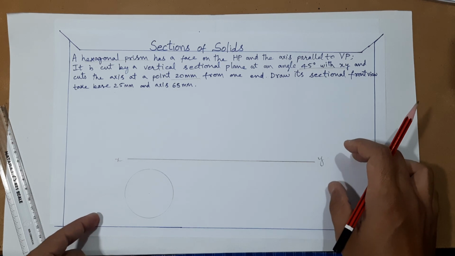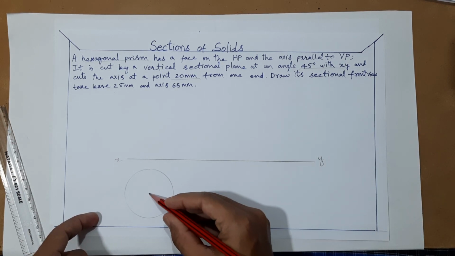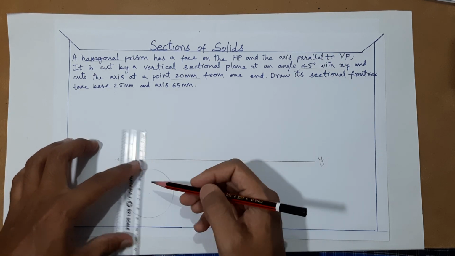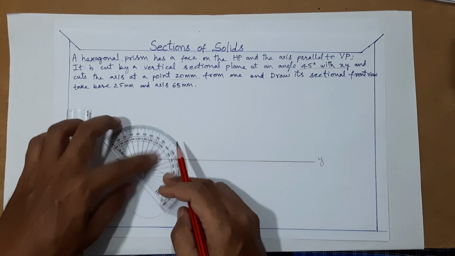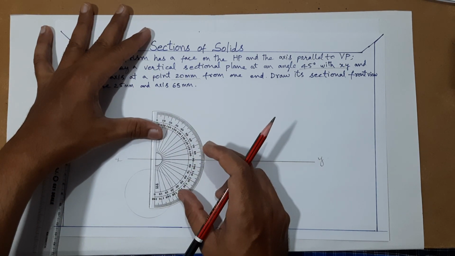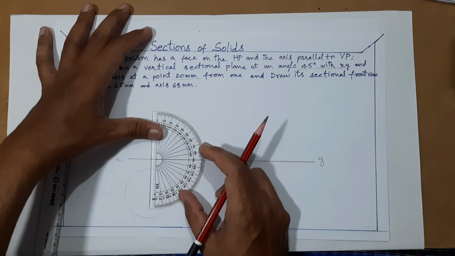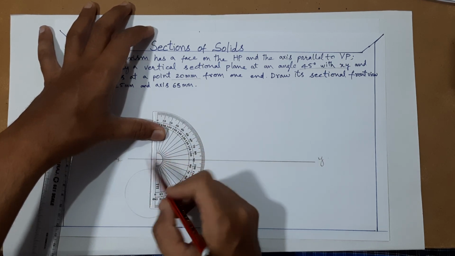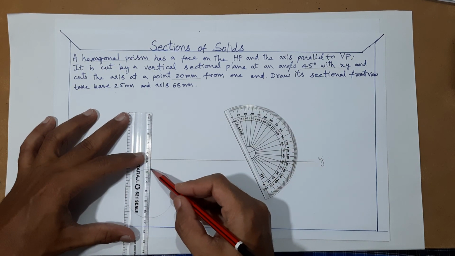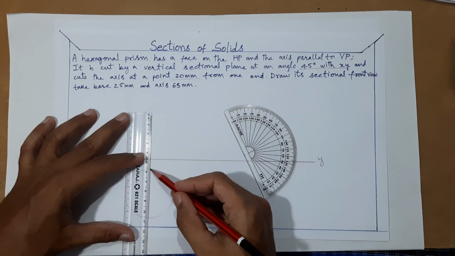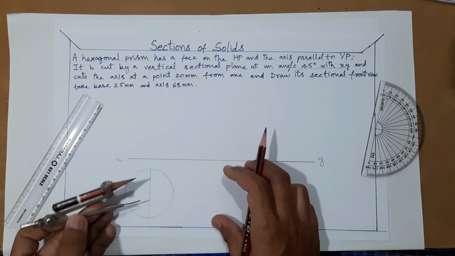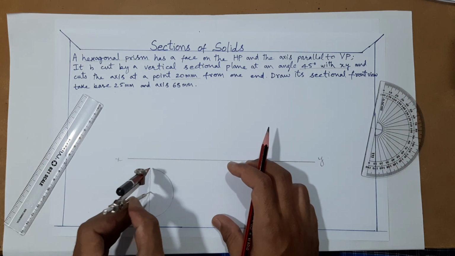Now what you have to do, you have to take this as center and draw a diameter line perpendicular to this. Perpendicularity will be obtained with this protractor. Now again the same radius which was earlier taken, 25.